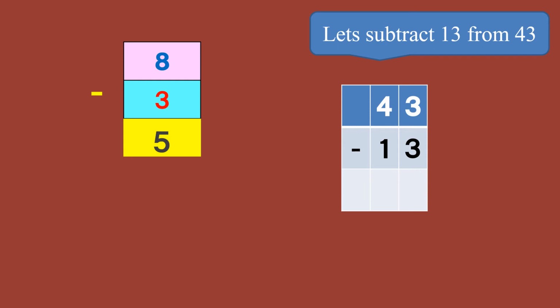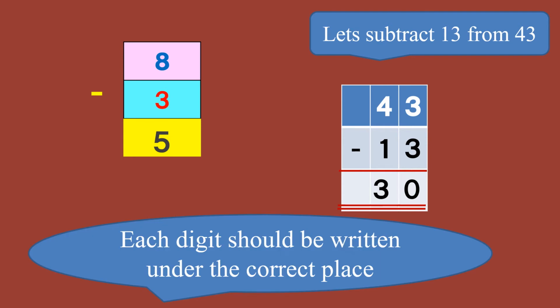So we'll start with ones place. 3 minus 3 is 0. 4 minus 1 is 3. Therefore, I can say 43 minus 13 is 30.